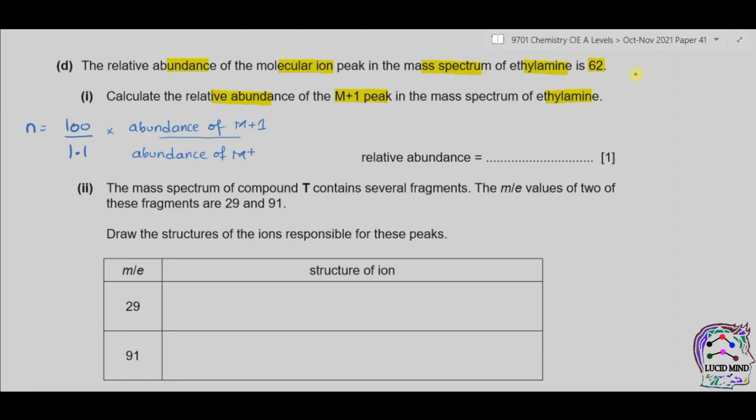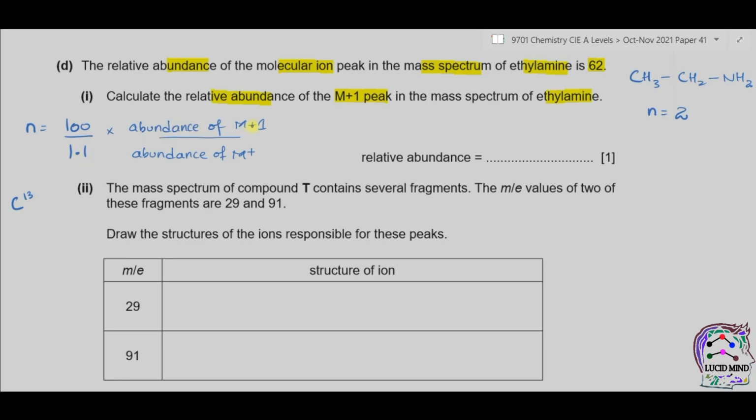We have ethylamine, which is CH3, CH2, NH2. So we have 2 carbon atoms, so N is equal to 2. 100 is actually for percentage, as abundance is given in percent, so in order to remove the percentage we use 100. 1.1 is actually the percentage of carbon 13 present in any organic compound.